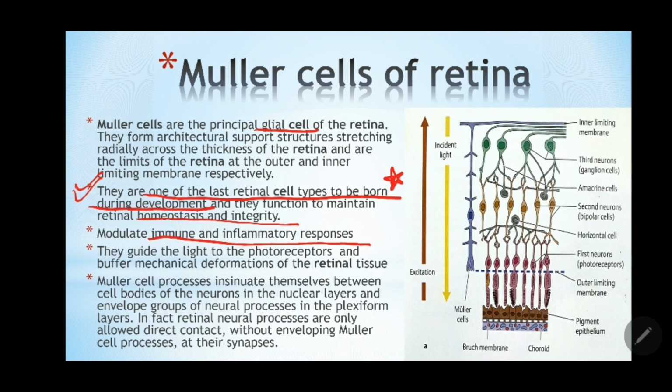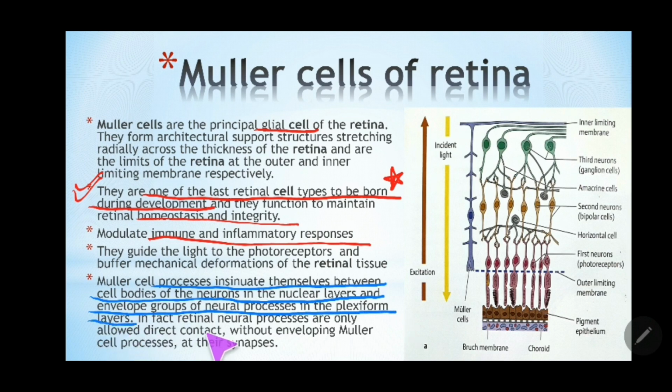Okay, and Muller cell processes insulate. Now this one is again an important point, that Muller cell processes insulate themselves between the cell bodies of the neurons in the nuclear layers and envelope groups of neuronal processes in the plexiform layers.